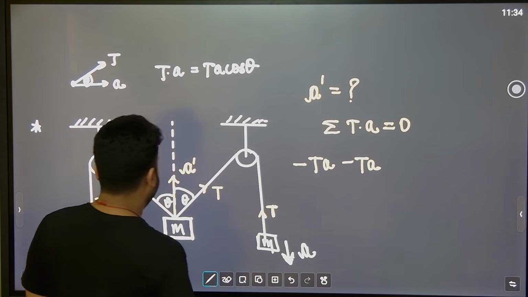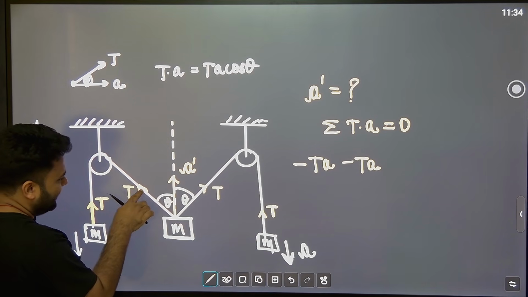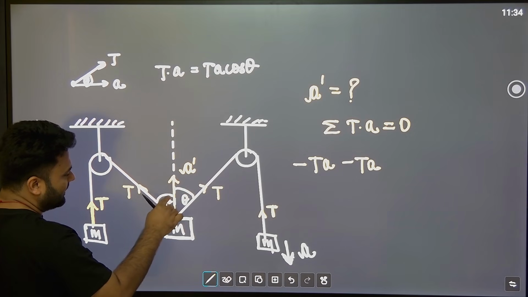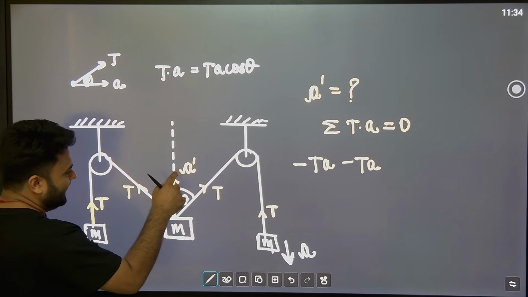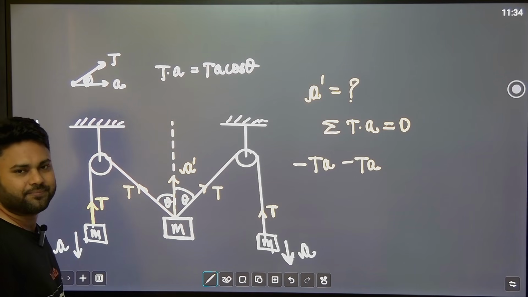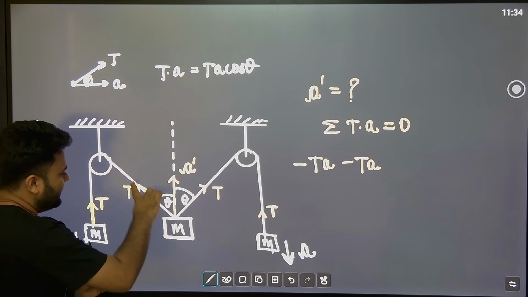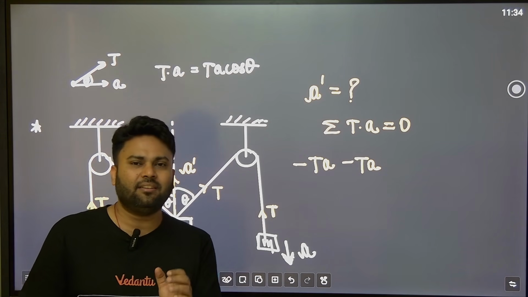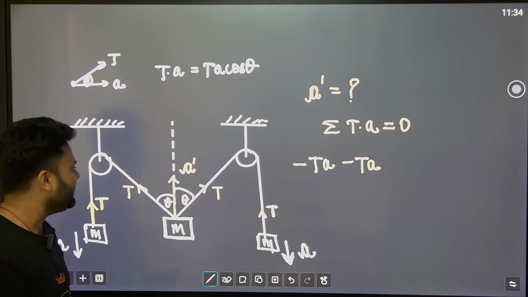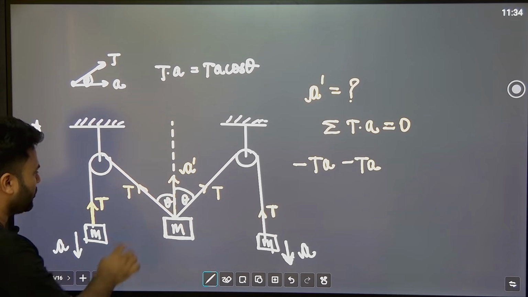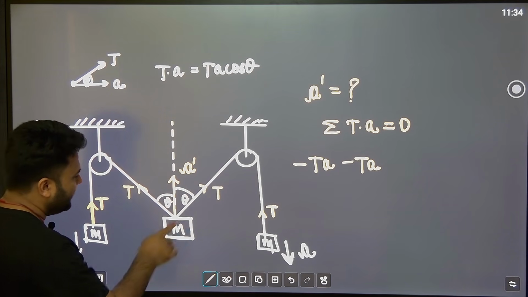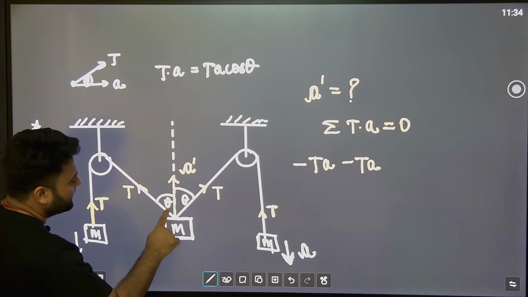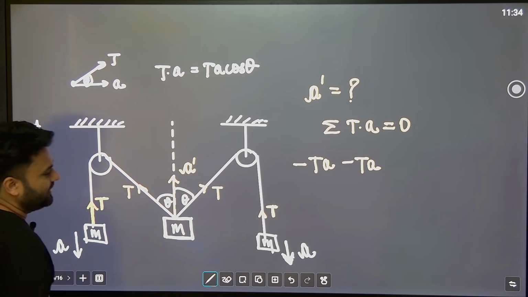So T dot A. This is T, this is acceleration, angle between them is theta. So T A dash cos theta. See, this is T, this is acceleration. So T dot A means T, acceleration is A dash, and angle between them, so cos theta. See here also, this is T, this is acceleration, angle between them is theta.